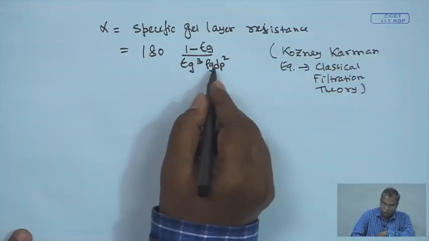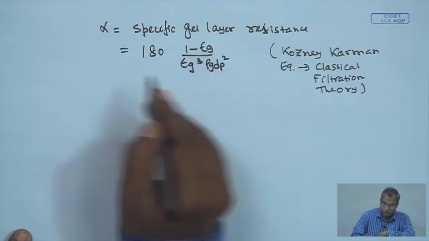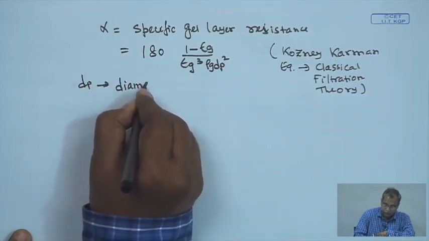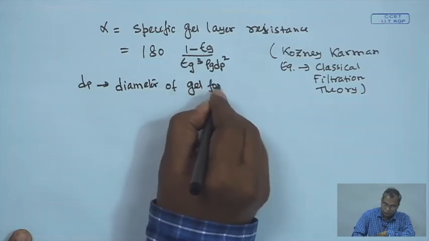Here, rho g is the gel layer density, epsilon g is the gel porosity, and dp is the diameter of gel forming particles.